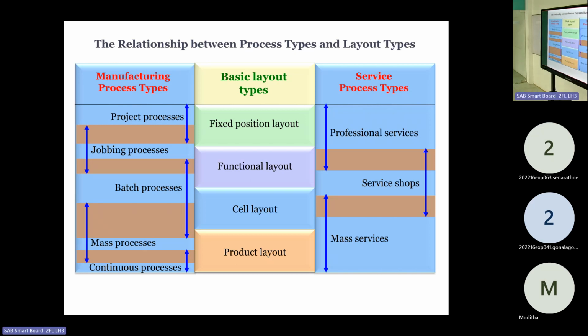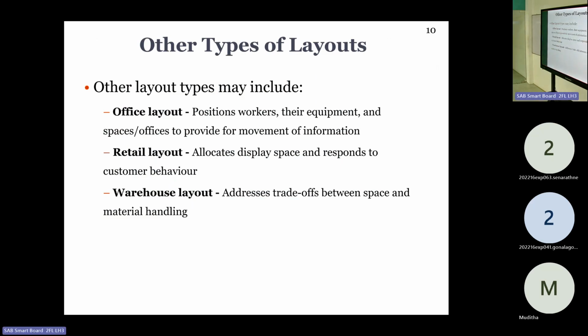In addition to these four layout types, in different industries, they have their own layout types, having unique characteristics and all. So they are also considered as different layout types now and explained in textbooks, like the office layout.